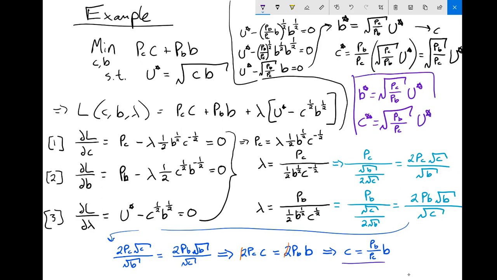These are our expenditure minimizing values for B and for C. Okay, so there we go. A little bit of grueling algebra, but we got it at the end. That is an example of an expenditure minimization problem.